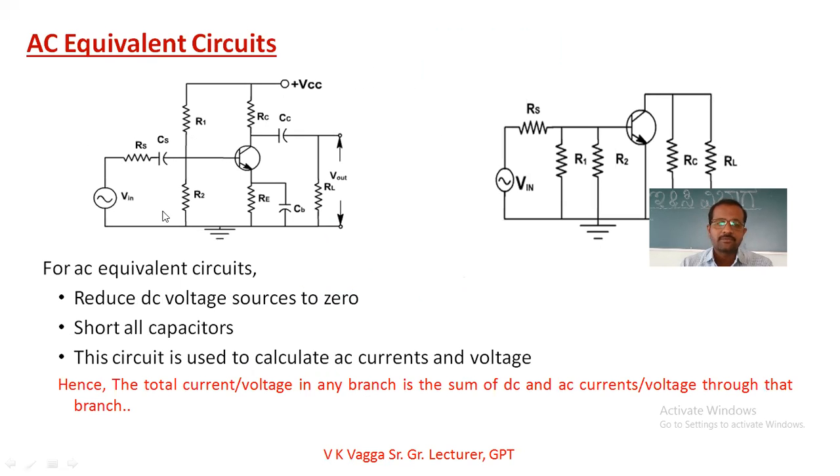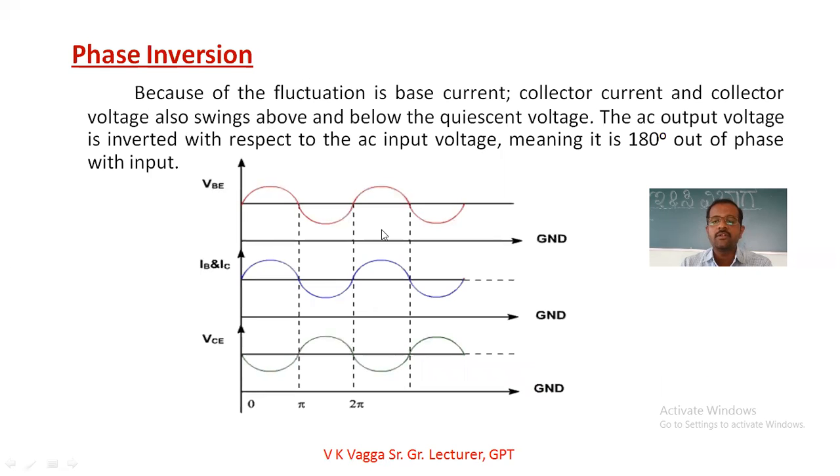Whatever input is applied to the base as an AC input, the output obtained across the load at the collector has a 180 degree phase shift.